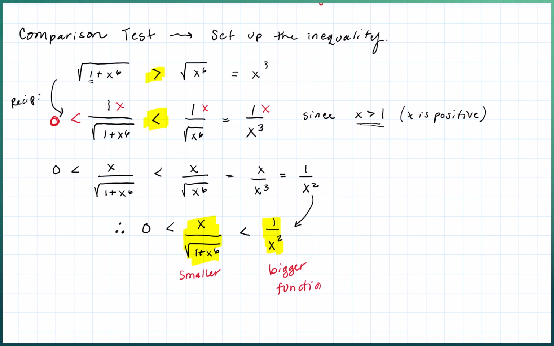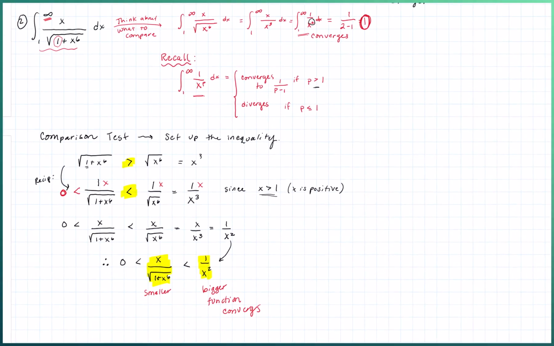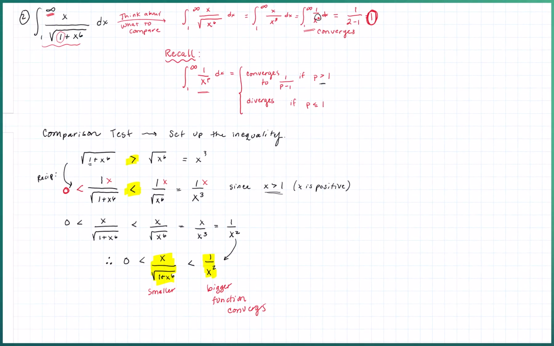And we know that the bigger function converges. We already showed that. So if the bigger function is converging, there it is up at the top, what we can say by comparison, therefore, by comparison, if the bigger function is converging, then the smaller one must also converge.